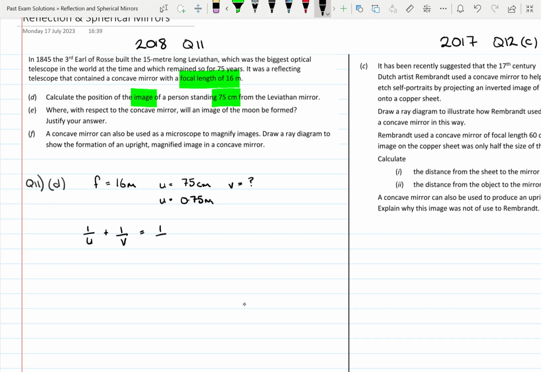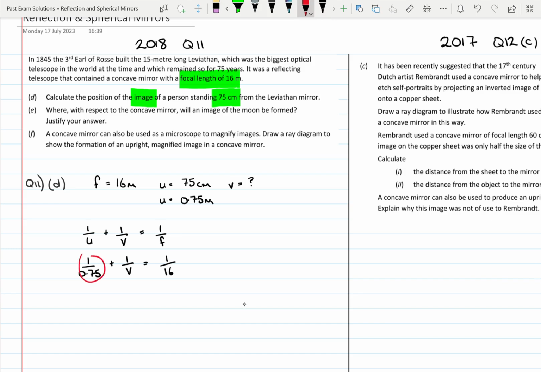Second thing to do, guys, always write out your formula. You're going to pick up most likely 3 marks for writing out your formula, so that's a good habit to get into. And now we're just going to start subbing information in. We know u is 0.75, v is what we're looking for, and f is 16. At this point now, we're going to do some algebra.